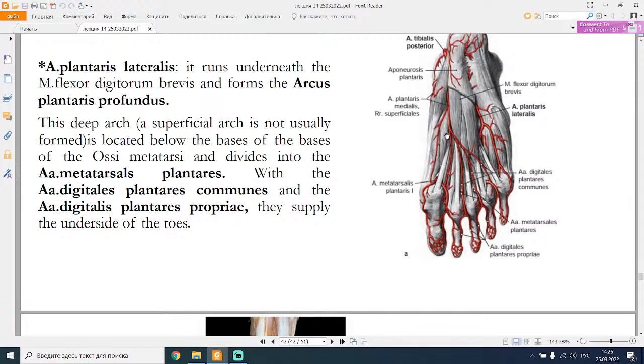This deep arch, a superficial arch is not usually formed, is located below the bases of the ossa metatarsi and divides into the arteria metatarsalis plantaris with the arteria digitalis plantaris communis and the arteria digitalis plantaris propria.